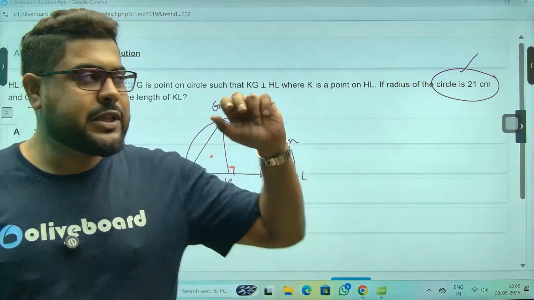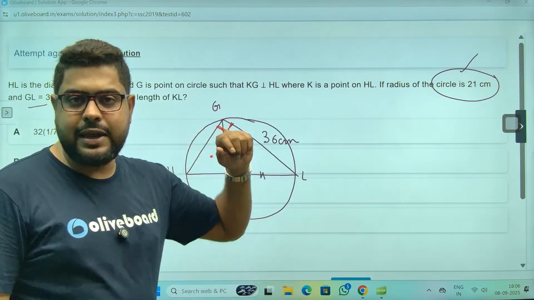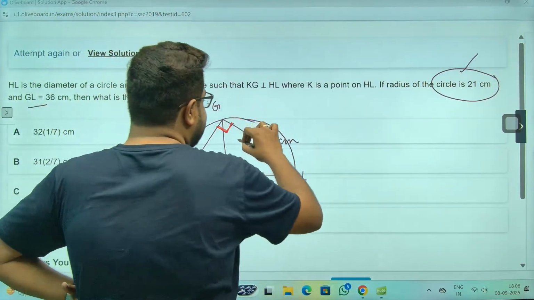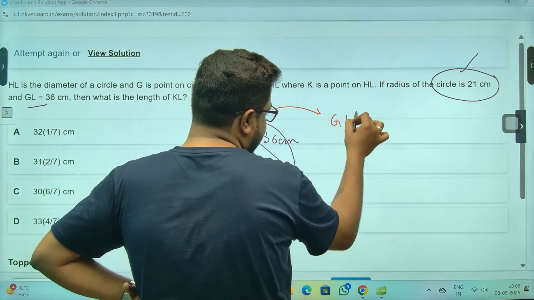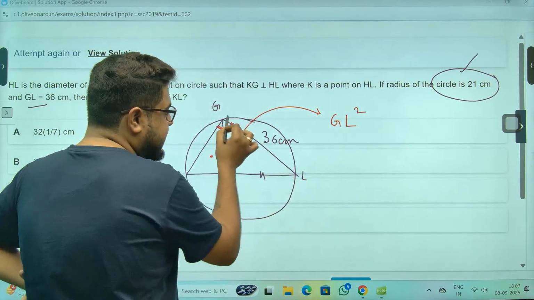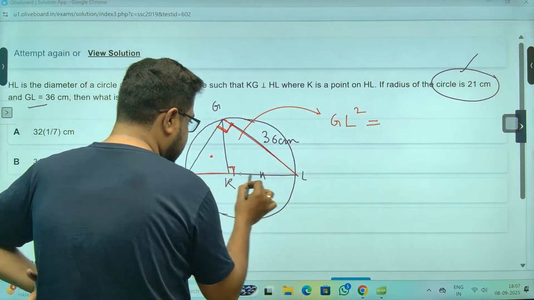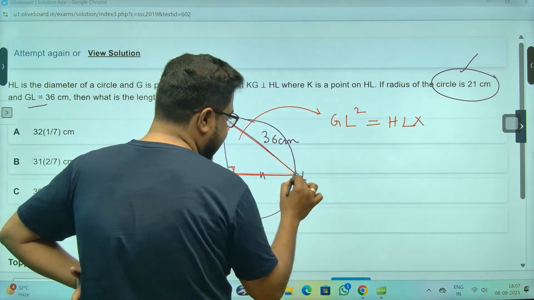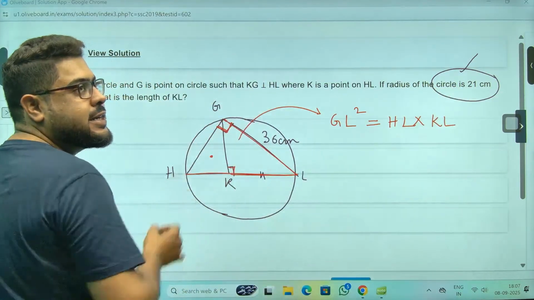And if you write down the theorem for this similarity, you get two important results. What results, sir? GL square is equal to, sir, this whole thing HL into this part, KL. And same thing you can do this side as well.